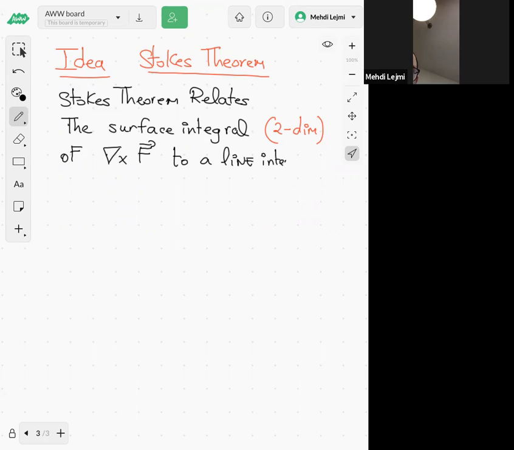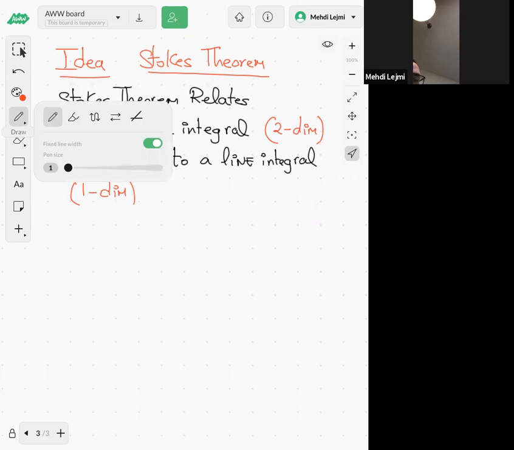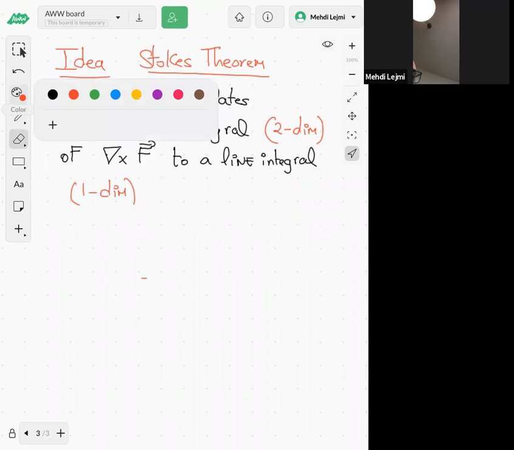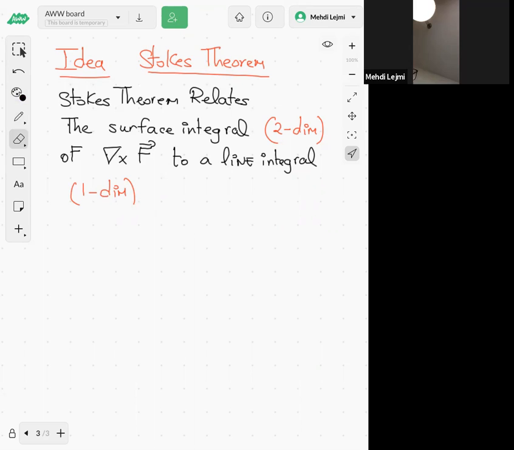A line integral is an integral along a curve or path, so that's a one-dimensional integral of the vector field F along the boundary of the surface. The boundary of the surface is, of course, a curve.